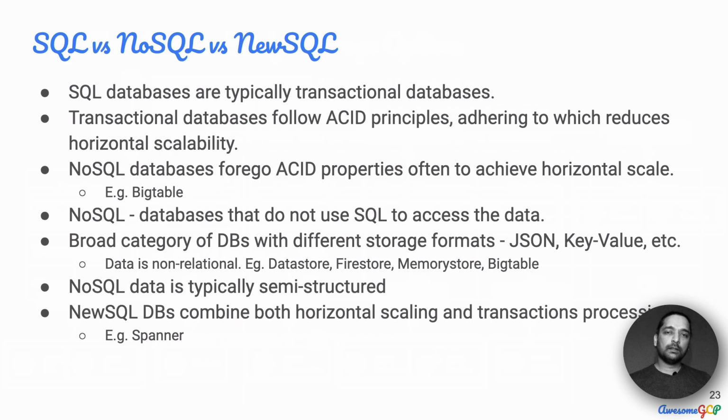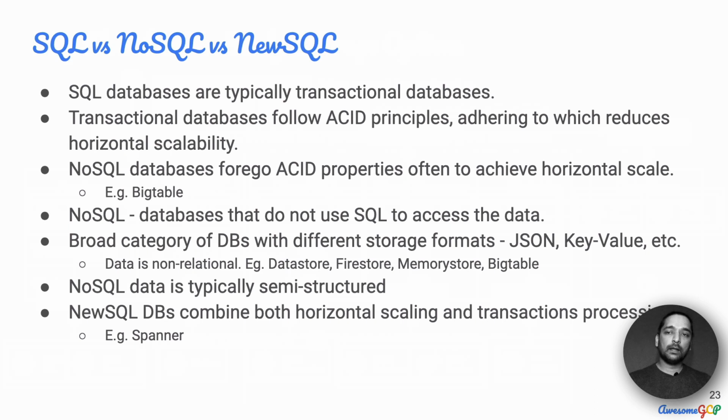SQL databases are typically transactional databases. This is not necessarily true of every database, but the ones that are very popular today, MySQL, MS SQL, Oracle, Postgres, all of them are SQL and they happen to be transactional databases. Transactional databases follow ACID principles.